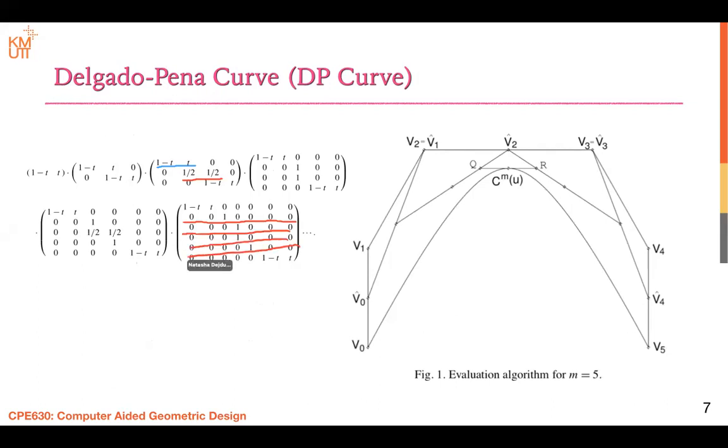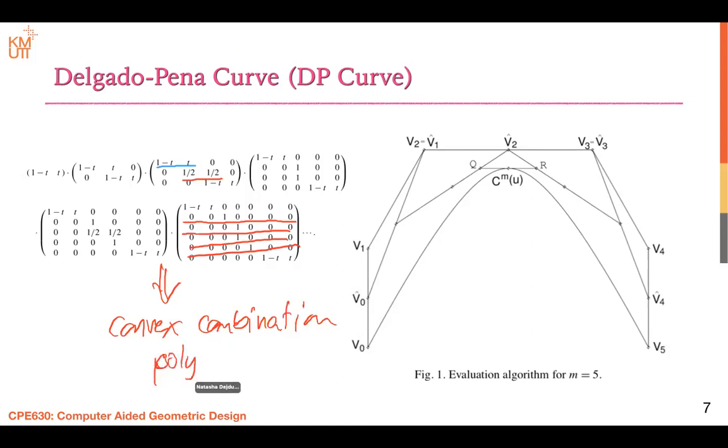And this trick can make the system of polynomials be a convex combination. If you use this trick, right, every line can sum to 1. This one will generate the convex combination polynomial. I cannot prove this, but it's from experience.